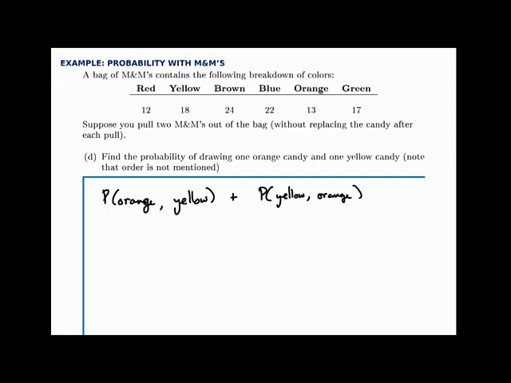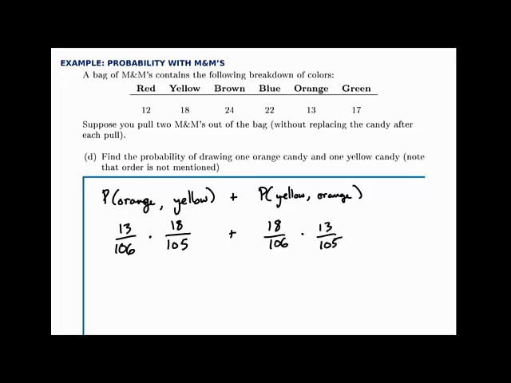So for the first one, first drawing an orange, there are 13 out of 106. And then to draw a yellow, there will be 105 total. And if we drew an orange the first time, all the yellows would be left in the bag, all 18 of them. Then on the other hand, if we draw a yellow first, there would be 18 out of 106 times all the oranges, 13 out of 105.